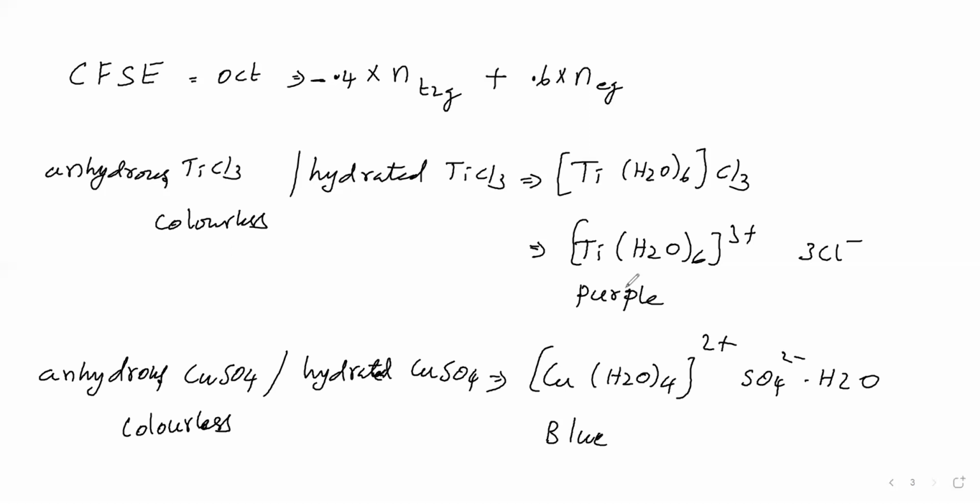Why does color appear? The color is due to d-d transition. This complex is exhibiting color because of d-d transition. Now we will take the complex Ti(H2O)6 3+, in which titanium has a plus 3 oxidation state.